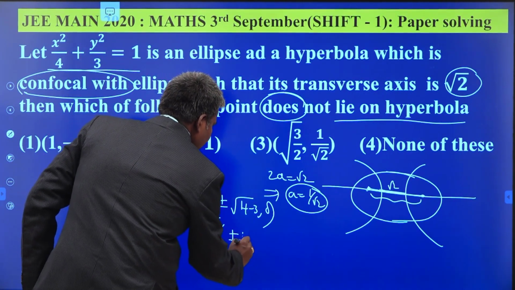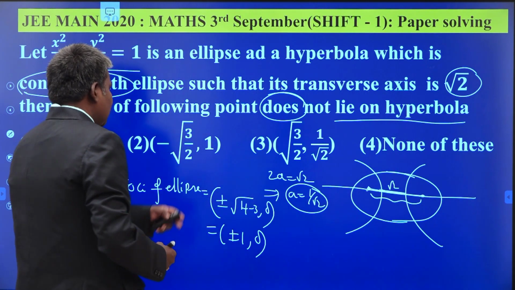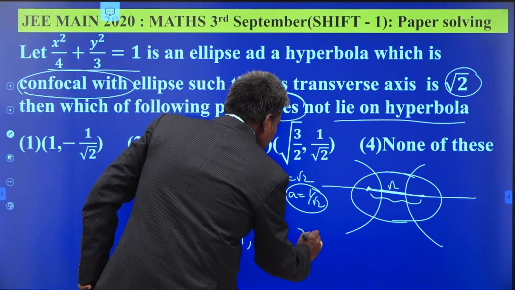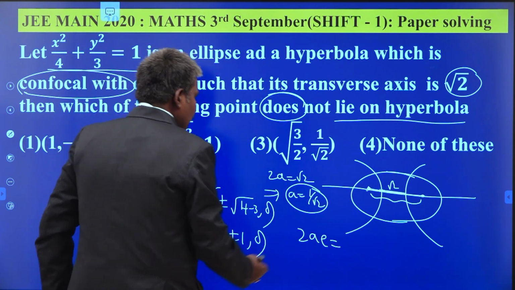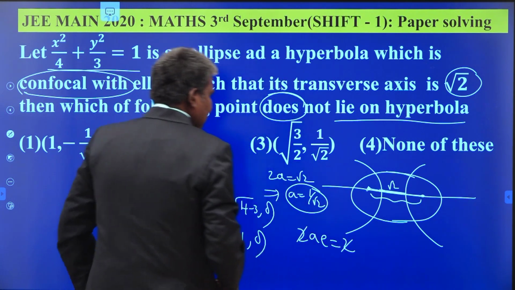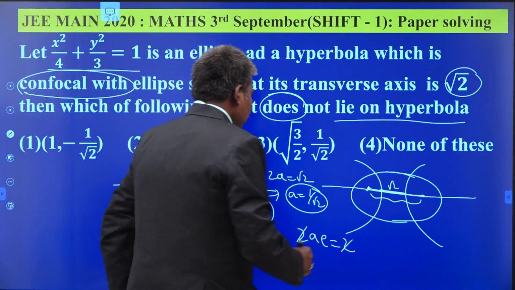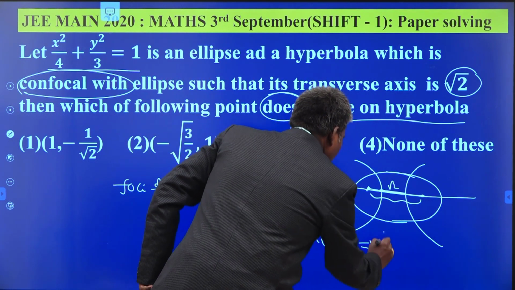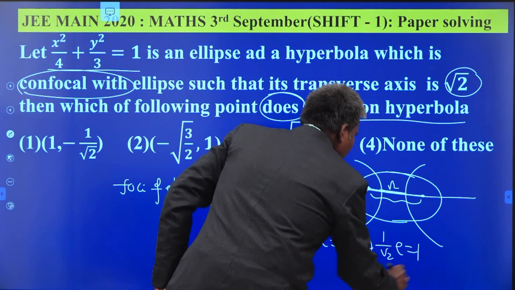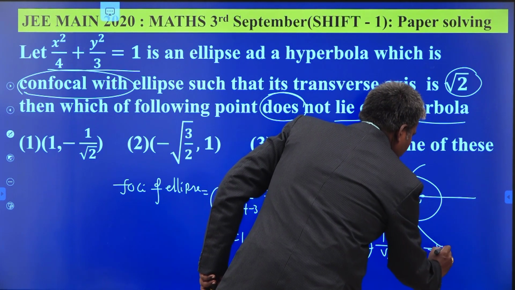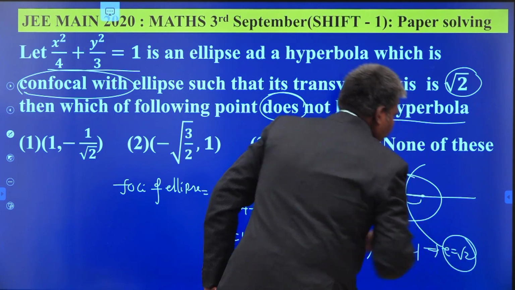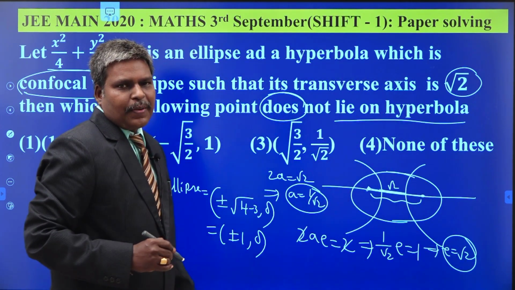We mean plus or minus 1 comma 0. Distance between the two foci is what? 2ae, that is equal to 2 units. 2 gets cancelled. Now, a is what here? 1 by root 2. 1 by root 2 e is equal to 1. We mean e is equal to root 2. Eccentricity of the hyperbola is root 2.